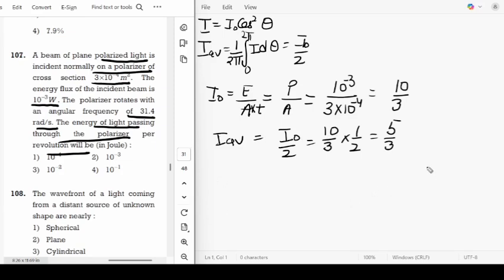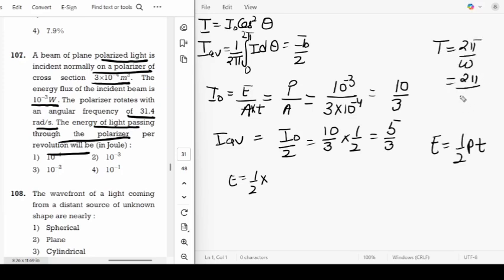Next, to find the energy, we have formula half P into T. Energy is equal to half power or I average times time. Next, we find time period. Time period is 2 pi by omega, 2 pi divided by 31.4. This relation comes out equal to 1 by 5.